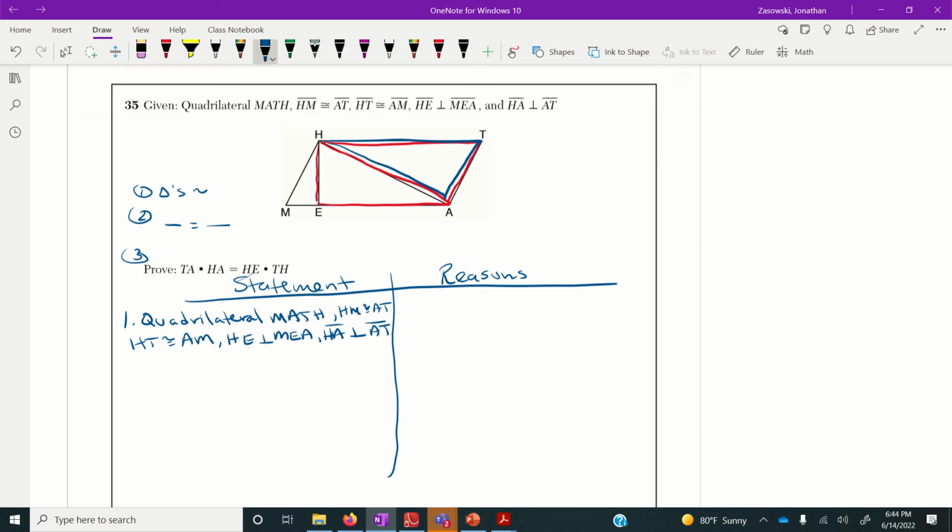And then these all need hats. And then given.